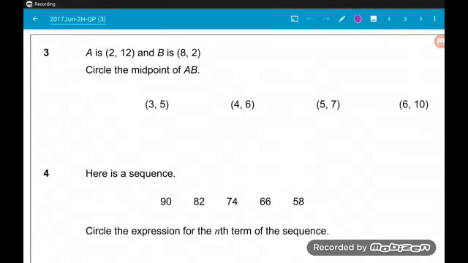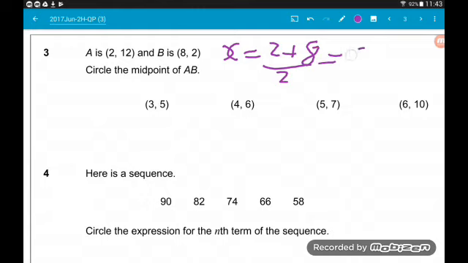Okay, question 3. A is the point (2, 12) and B is the point (8, 2). We want to find the midpoint of AB. To find coordinate midpoints, you take the average of your 2 sets of coordinates. Our x coordinate here is going to be 2 plus 8 divided by 2. 2 plus 8 is 10, divided by 2 is 5.